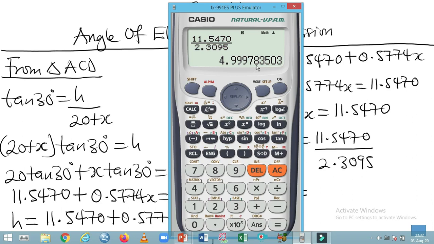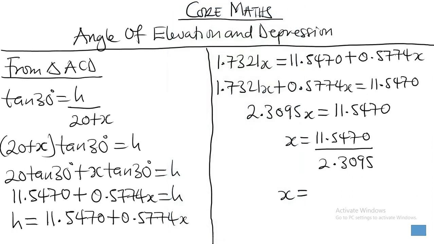To 4 decimal places, we are going to have 4.9998. Right, so let's proceed. Our x is going to be 4.9998 meters. Good, so we have our x.